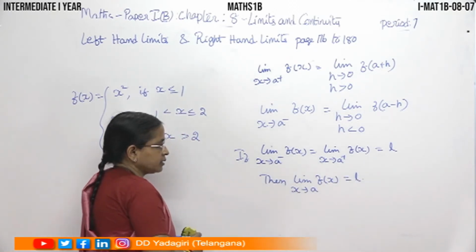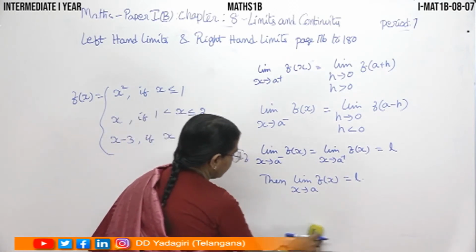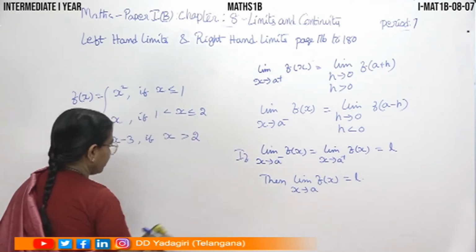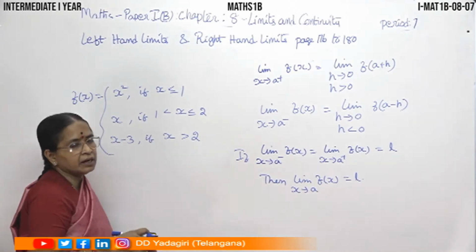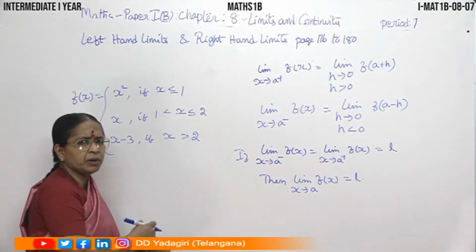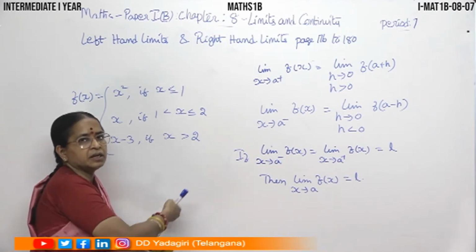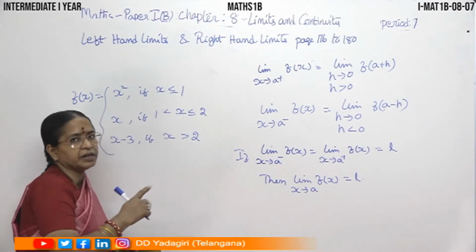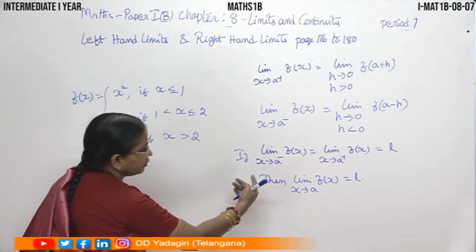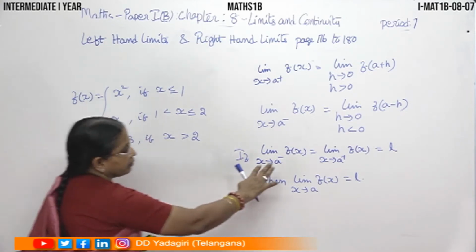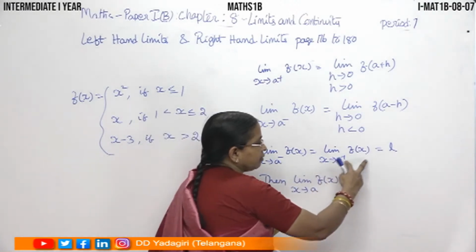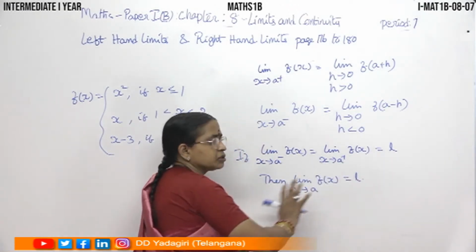Limit does not exist means it is not infinity. Infinity is a defined limit. In some problems we got limit value as infinity, no? So the limit is existing and it is equal to infinity. But here the limit does not exist, if the left limit is not equal to the right limit.